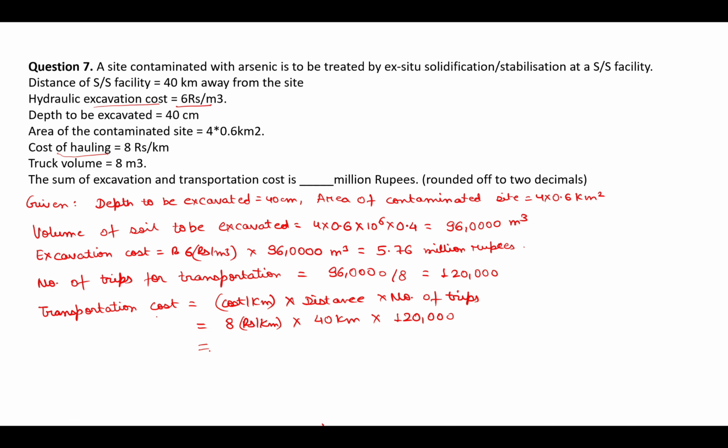So we will get the transportation cost as 38.4 million rupees. So the question asks us to find out the sum of excavation and transportation cost. So the total cost will be the sum of these two.